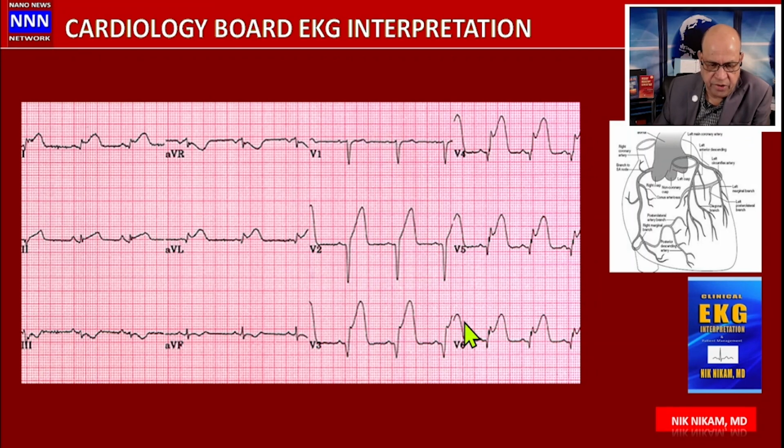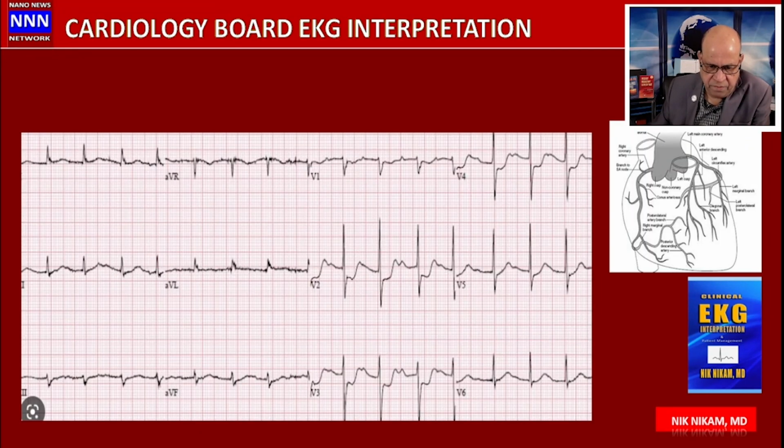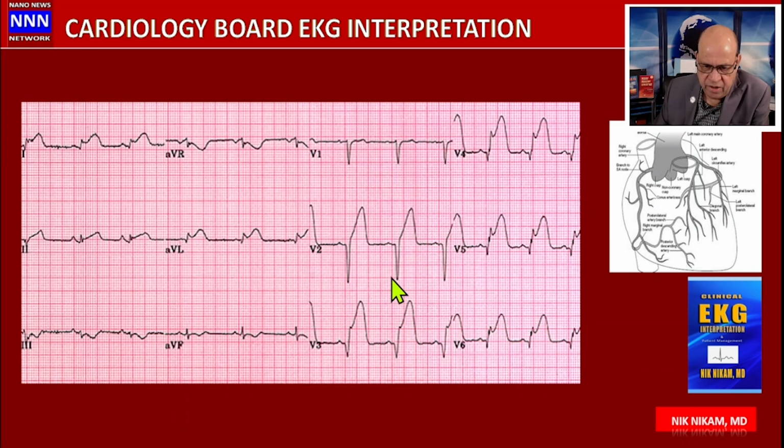And here is an example of tall R waves here with ST depression and upright T waves. And when we see this ST depression, tall R waves and upright T waves, this is a mirror image of what we see here, like in these, ST elevation and upright T waves.